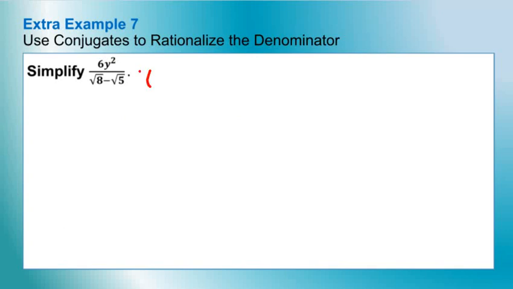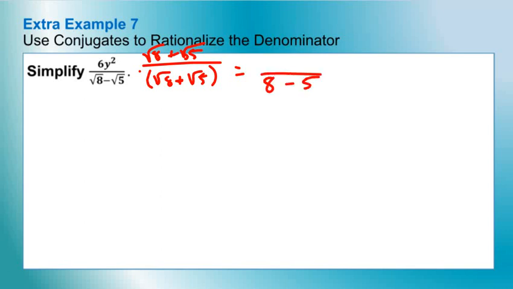Next, multiply this by the conjugate, so square root of 8 plus square root of 5 in the numerator and the denominator. So this would give us, not 64, 8 minus 5.